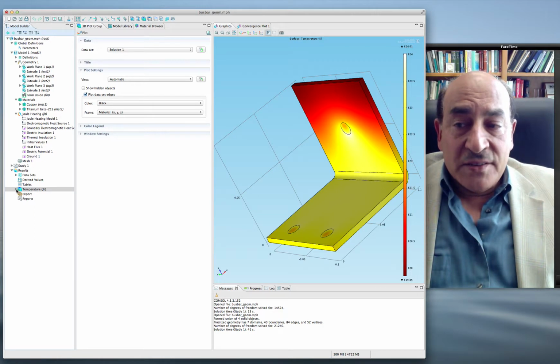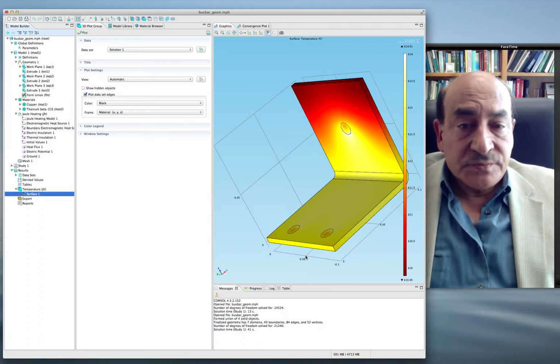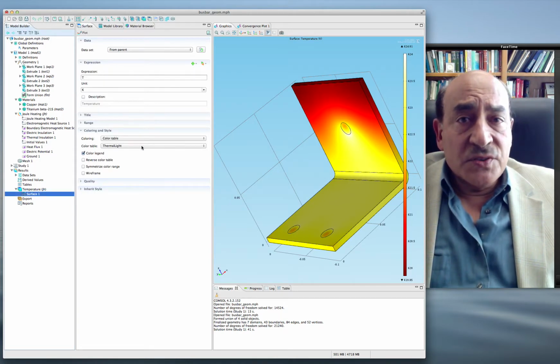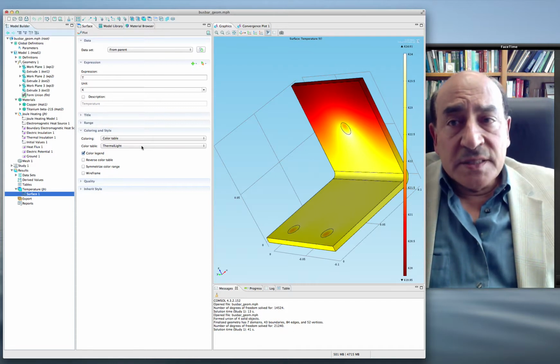Before I leave this, I can go to the results section, temperature, surface, which is basically what you see here. When you click on surface, it shows you the tab with the settings for the graph.